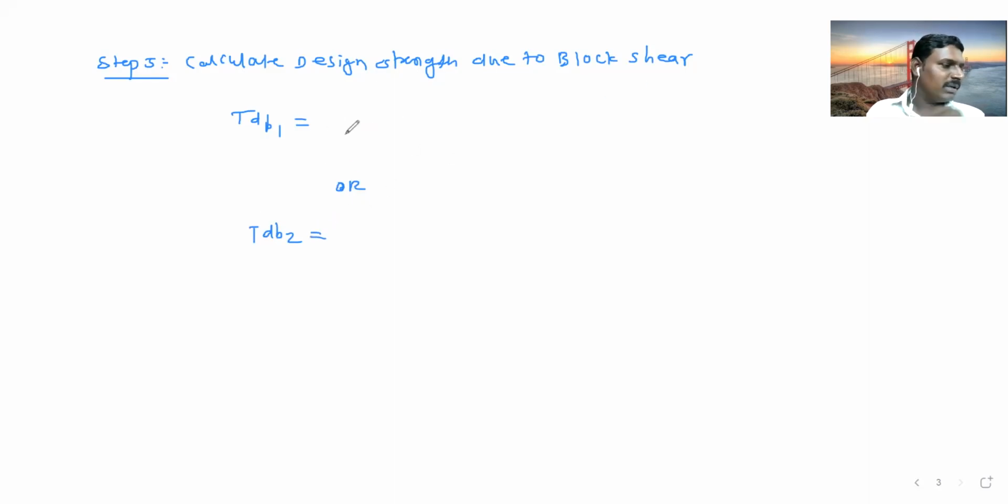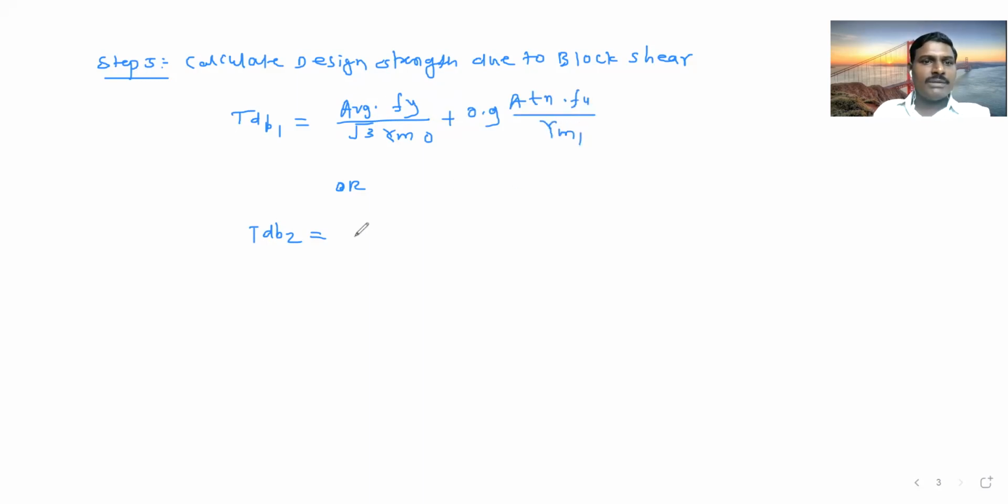So the formula for TDB1 is AVG into Fy divided by root 3 gamma m naught plus 0.9 ATN into Fu divided by gamma m1. This is the first formula, the first design strength due to block shear.